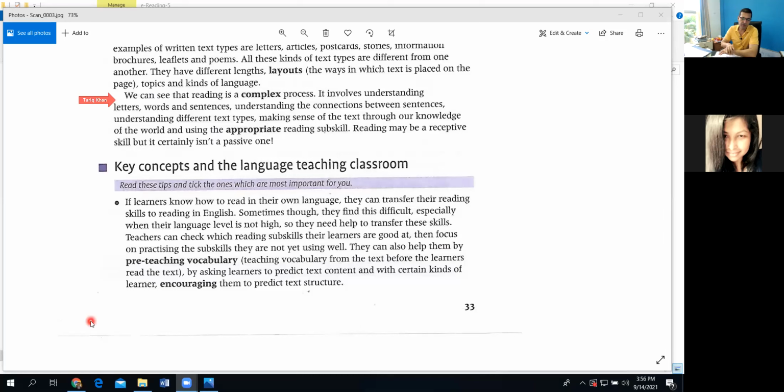Right. So now we will go further and see key concepts in the language teaching classroom. As I always tell you, read these tips and pick the ones which are most important for you. Not necessarily all the points they have given in this part can you adopt.